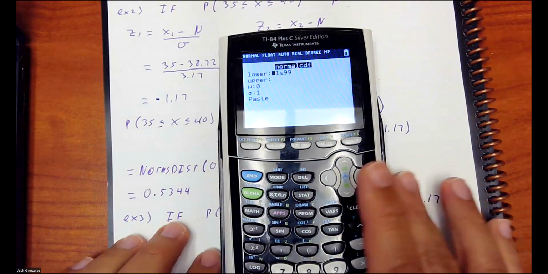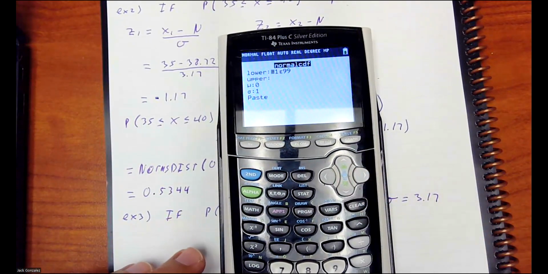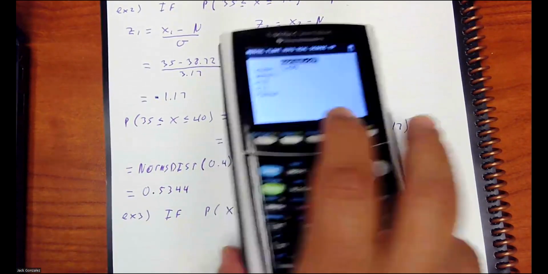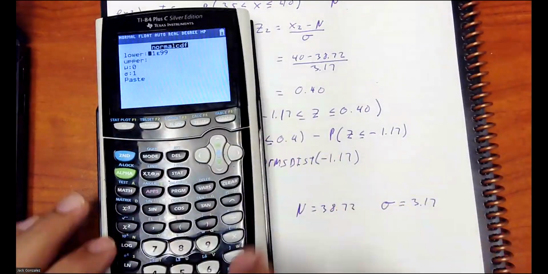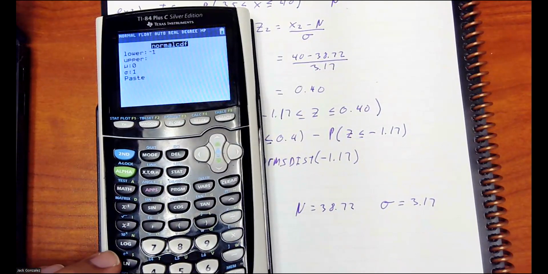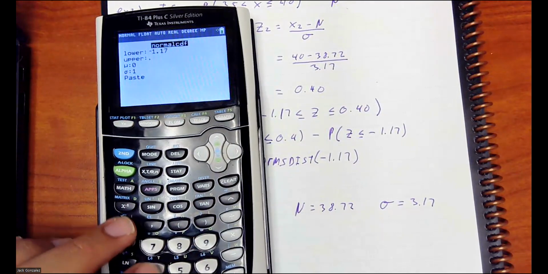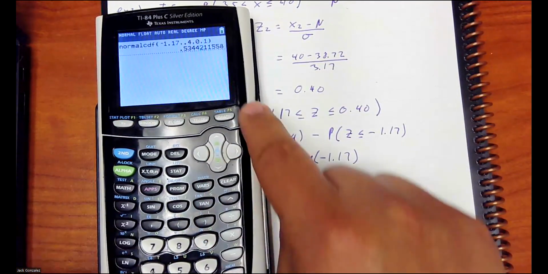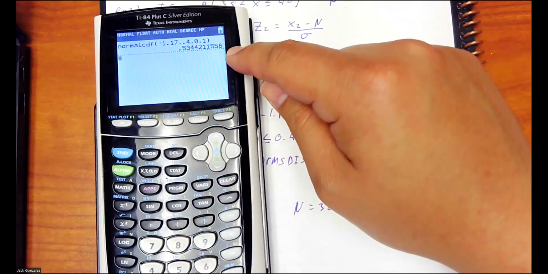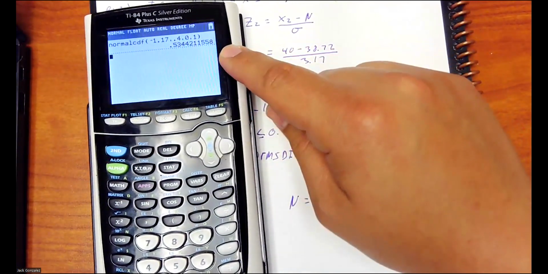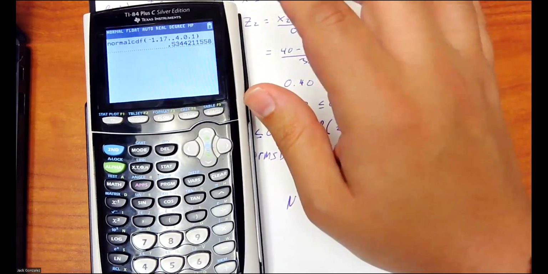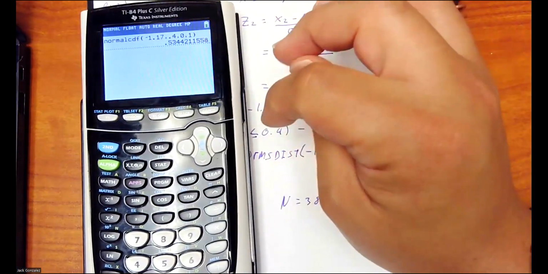Put the lower bound of negative 1.17. Make sure you use the negative symbol, not the minus symbol, if you choose to do this. See how it gives us 0.5344. So you can do it with this, StatCrunch or Excel. It's not too bad either way.